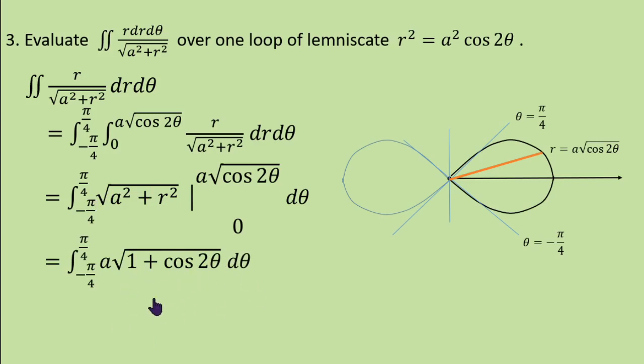And we know the PUC formula, that 1 plus cos 2 theta is 2 cos square theta. Therefore, it becomes root 2 cos theta, as the square root of 2 cos square theta. A into root 2, take outside.